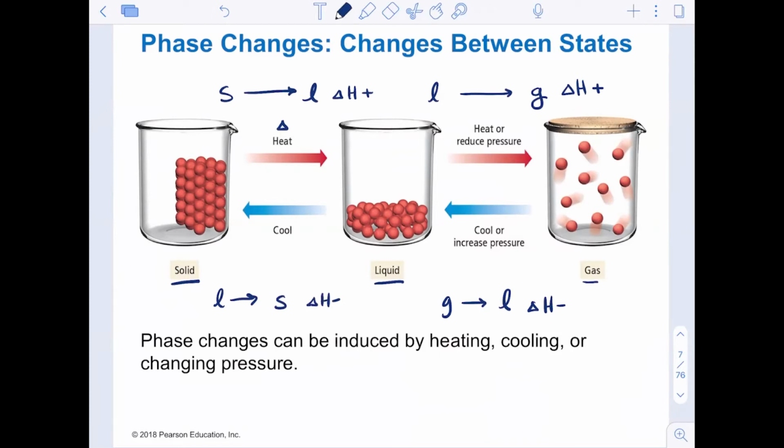Now we're going to just transition over to a short video that shows the phase changes of liquid nitrogen by changing the pressure, okay? So again, if we change heat, we can talk about exothermic or endothermic, but also listed here is the idea of pressure.